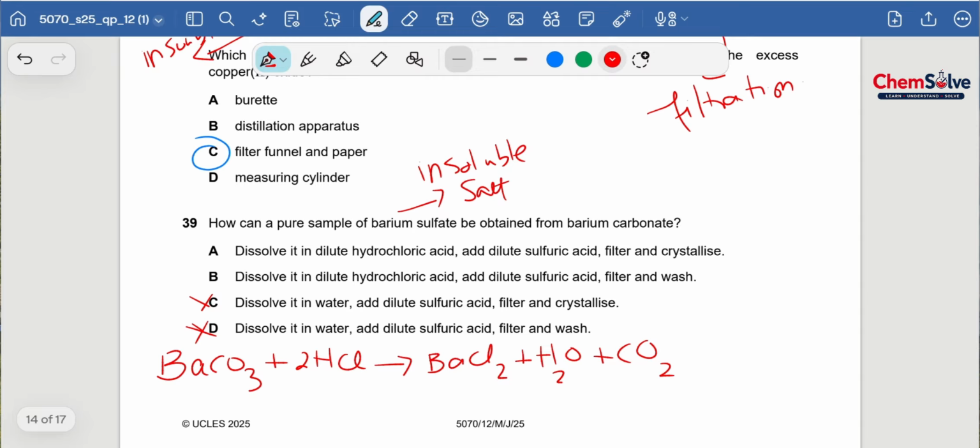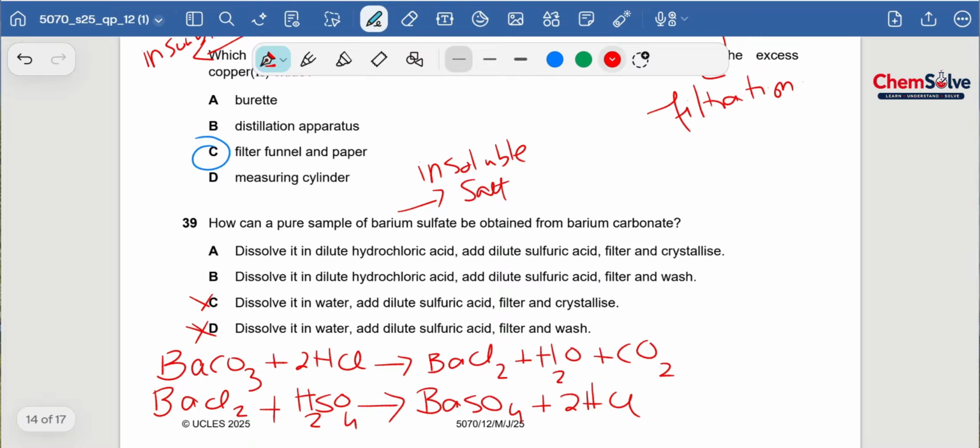And when this BaCl2 is further reacted with H2SO4, according to the equation, it will produce BaSO4 plus 2HCl.